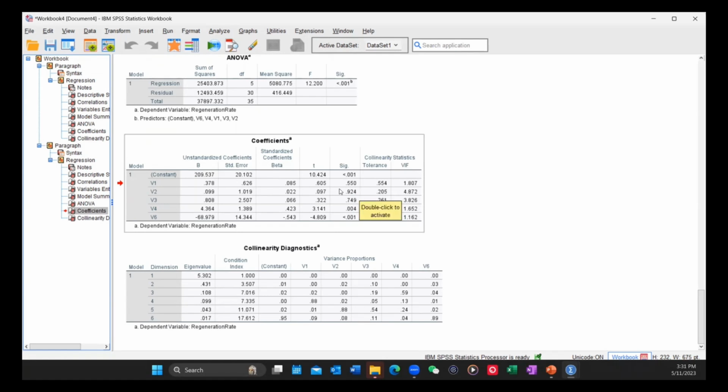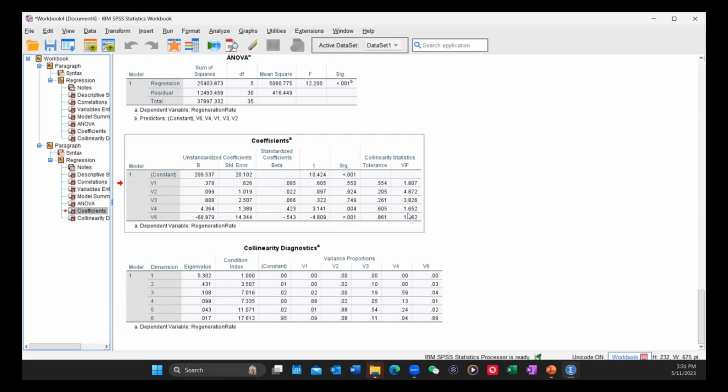But before we make any decision, let's go to the last table, the collinearity diagnostics table. Again, the conditional index actually has been improved because currently the highest value is 17.6. And V6 gives us the highest value of the variance proportion, 0.89.